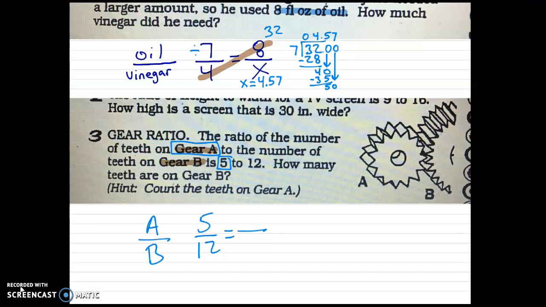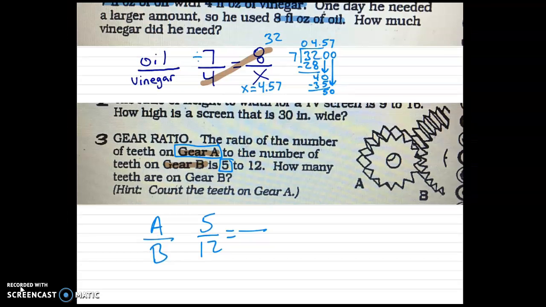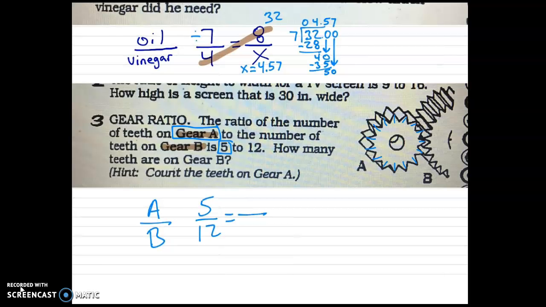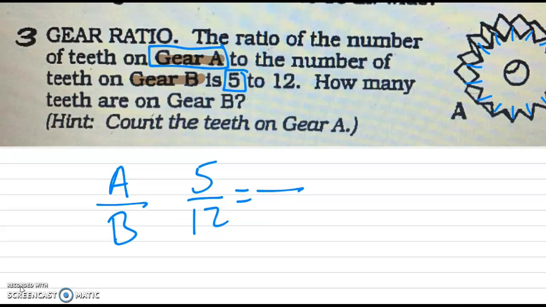It says count the teeth on gear A. So we have to go over here to this picture on the right and figure out how many teeth are on gear A. So I'm going to count them off here. 1, 2, 3, 4, 5, 6, 7, 8, 9, 10, 11, 12, 13, 14, 15. There are 15 on gear A. Okay, so there's our proportion.